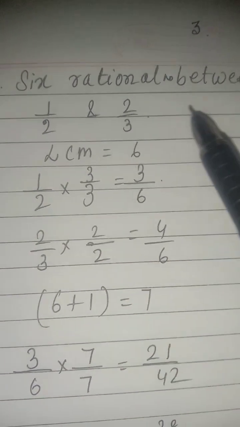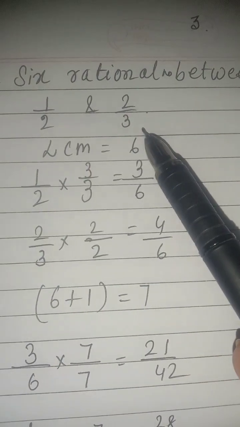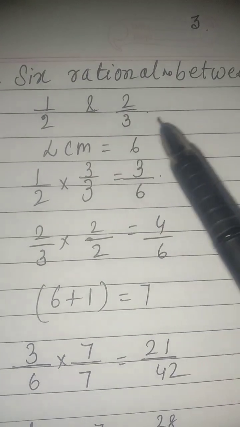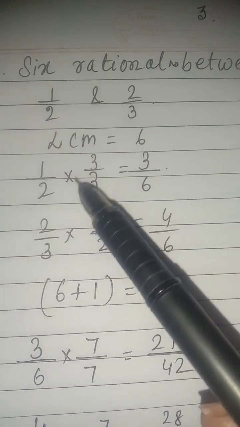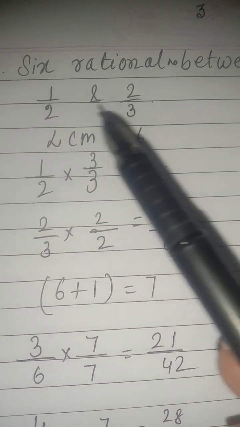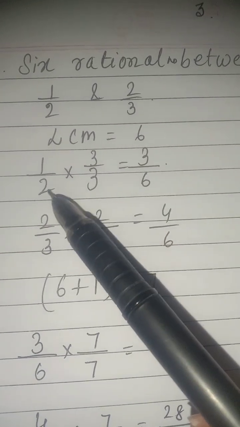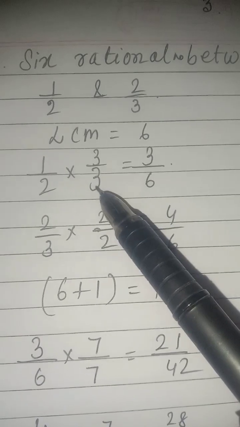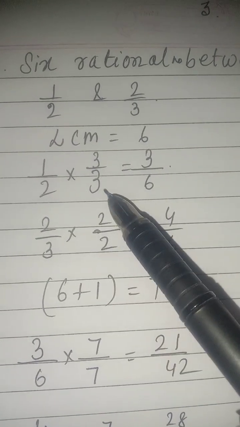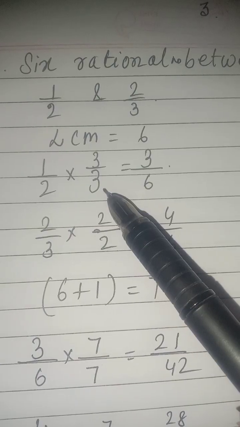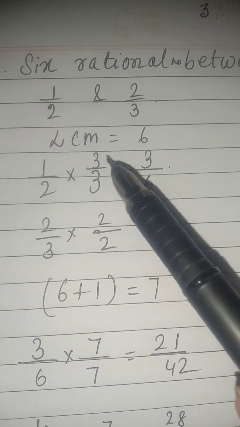Insert 6 rational numbers between 1 by 2 and 2 by 3. First of all we have to make the denominator the same, so we have to take the LCM. LCM is 6. So 1 by 2, to make the denominator 6, we multiply the denominator by 3, so the numerator also by 3.